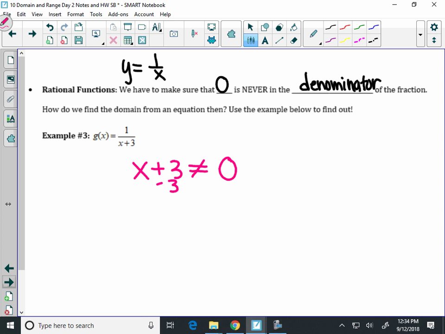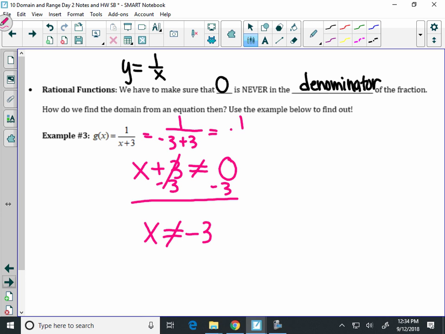We subtract 3. And we say, okay, well, x cannot equal negative 3. If I put negative 3 into the denominator of this fraction, I'm going to get 1 over negative 3 plus 3, which is 1 over 0. That's bad. That's the one number I'm not allowed to put in the denominator.